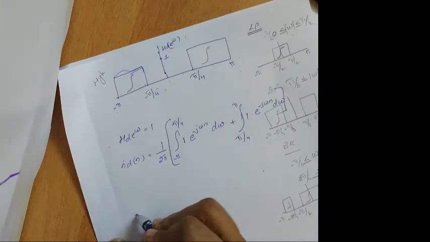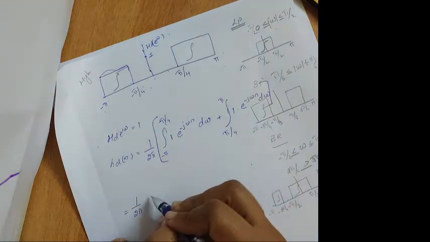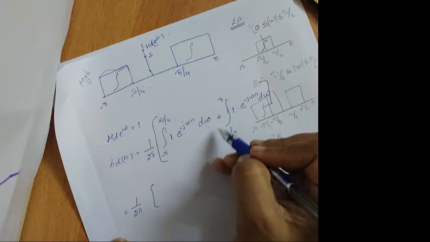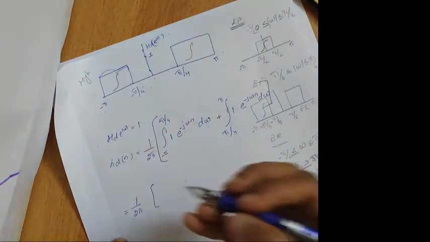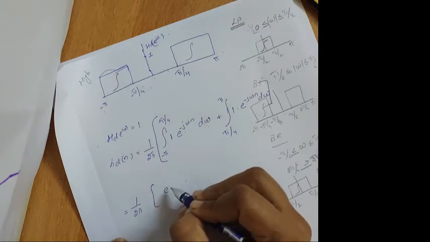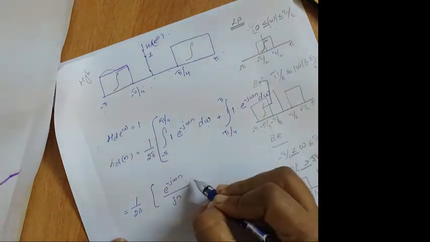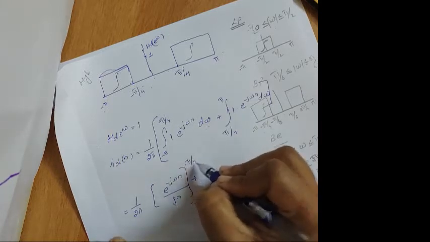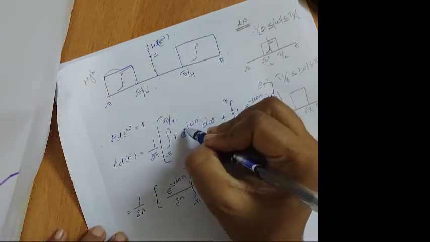Okay, that is 1 by 2 pi, 1 into e power j omega. So you will get it with respect to omega. If you are integrating with respect to d omega, the other terms should be written down. So e raised to minus j omega n by j n, plus the value varies from minus pi to minus pi by 4. Sorry, there is no minus over here, okay?